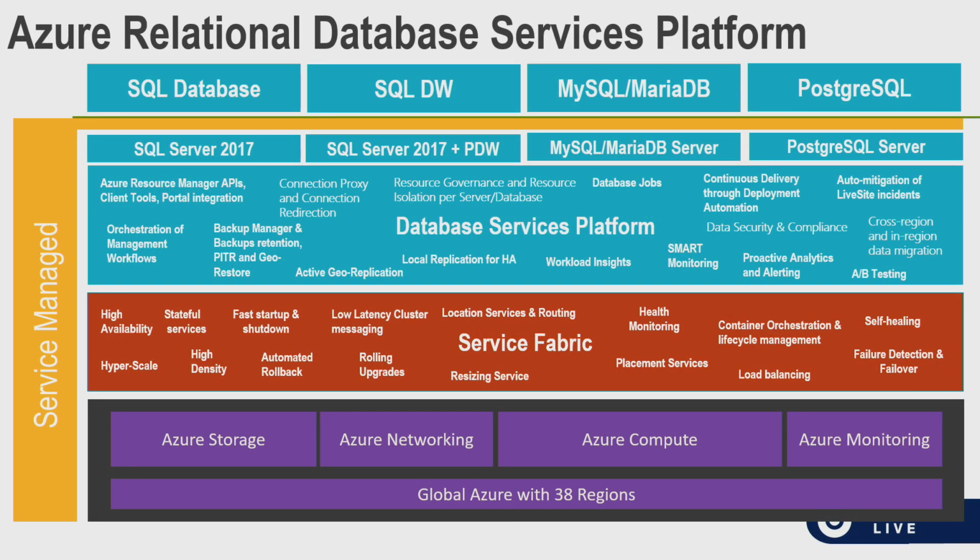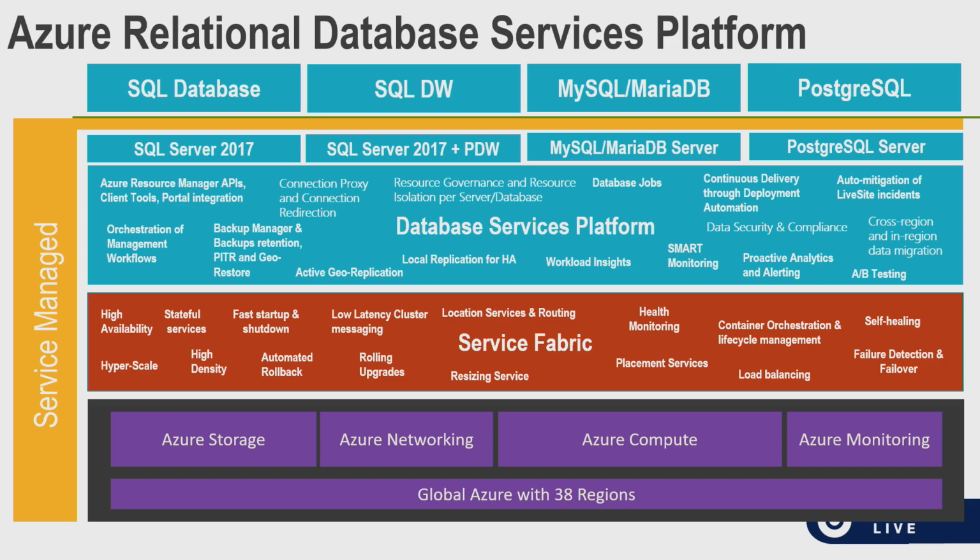So let's come from 1,000 feet to 100 feet to see what's really going on. This has a lot of very small characters there. Basically, this tries to show how we actually share these things. And you can see that for every different database engine, the engine itself is different.